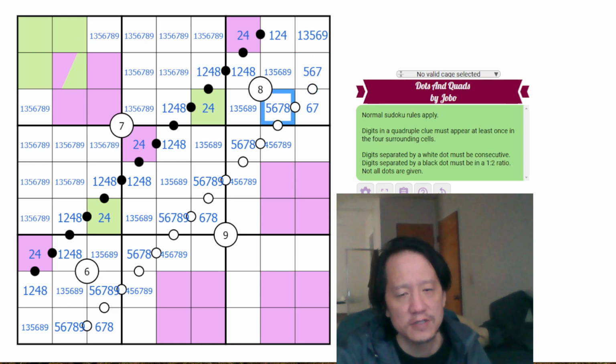So it can never be 6 here, right? If it's 6, this would have to be 7 and 8, but the 8 is over here. So it has to be 5, 6, 7, 6, 7, 8, or 7, 6, 5.